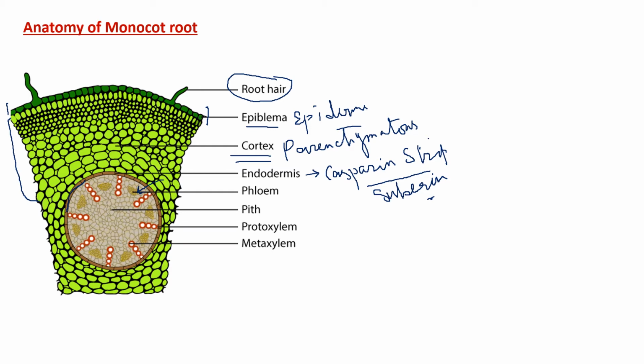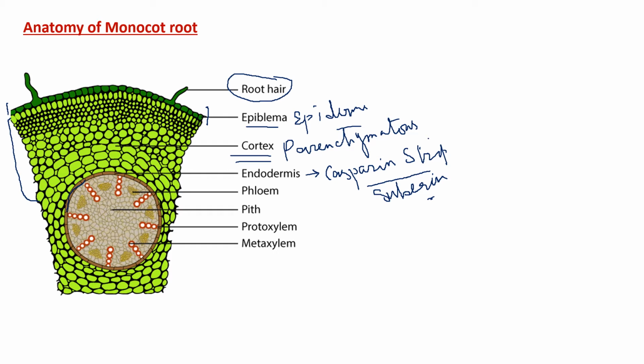Such cells are known as passage cells. So these are all similar. These characters are also present in case of the dicot root. So until now we haven't seen any difference between the monocot and the dicot root.